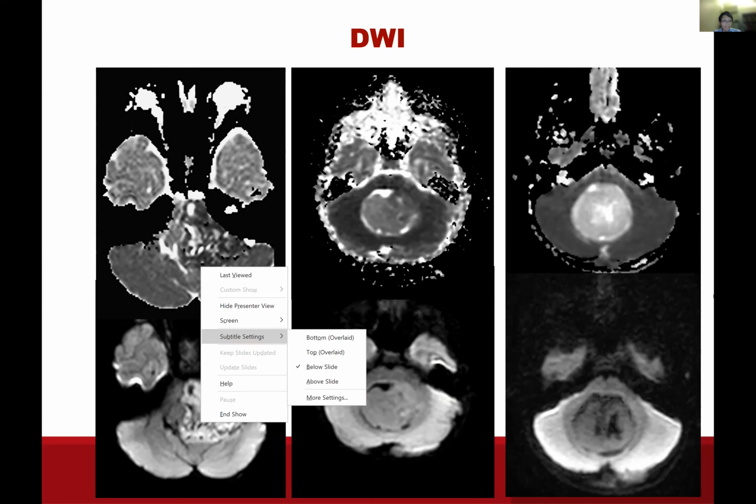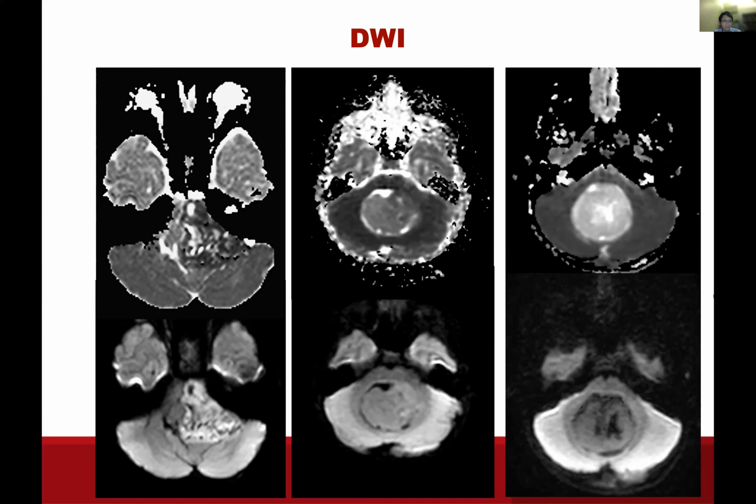So let me see if I can have my pointer here. Do you see my pointer? Okay, so here you have the tumor in the area of the left foramen of Luschka that has diffusion restriction. Here you have a tumor that has intermediate ADC values, and here you have an increased ADC value.